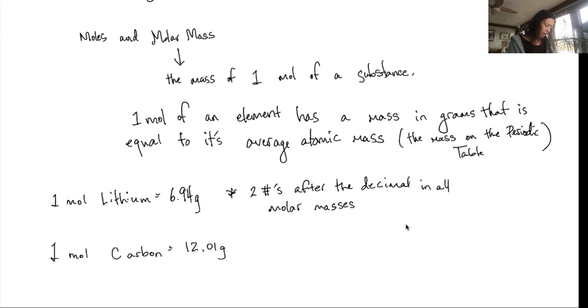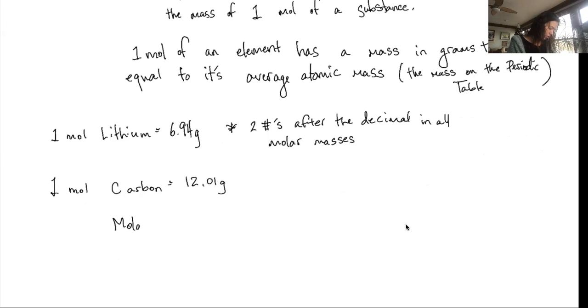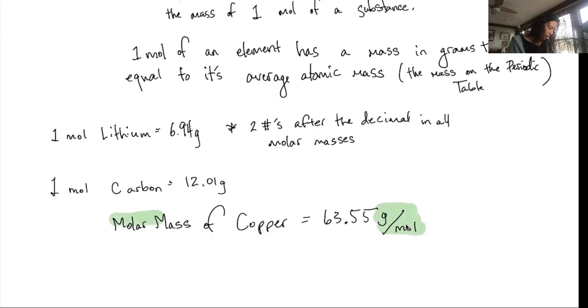Okay, let's get one more element, copper, which is equal to 63.55 grams per mole. Look at the units. Don't erase the units. So the molar mass has units of mass per mole. We just get it from the periodic table.